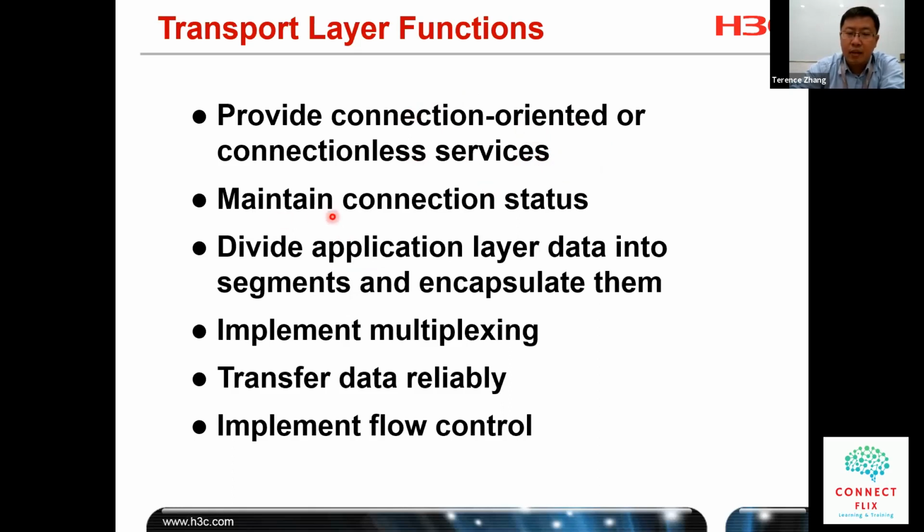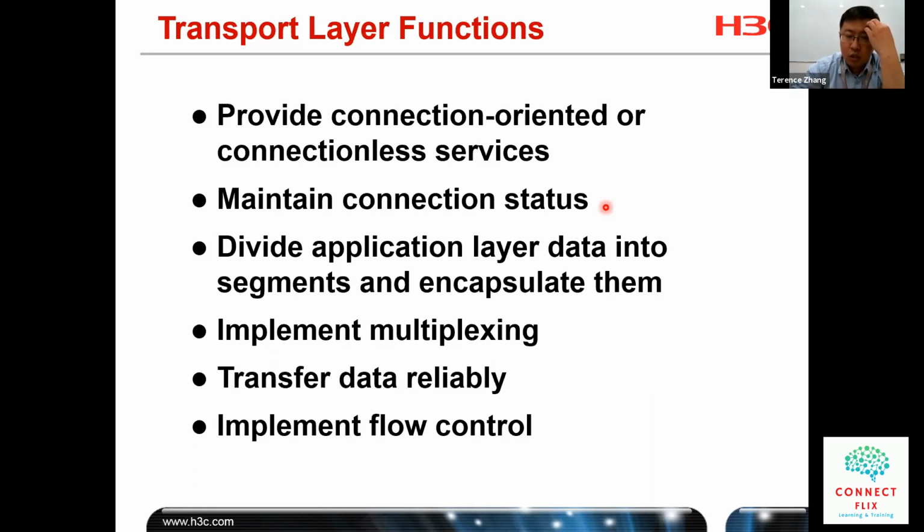And if you build a connection, for example with the TCP protocol, you need to maintain the connection before the communication is over. The sequence is build a connection, maintain the connection, send the information, and then tear down the connection. This is the sequence.